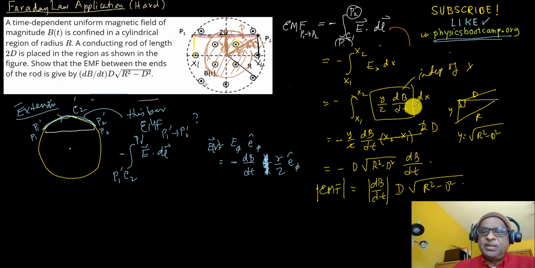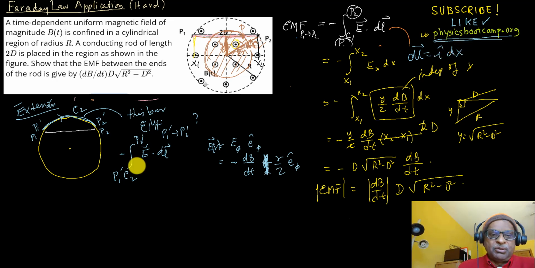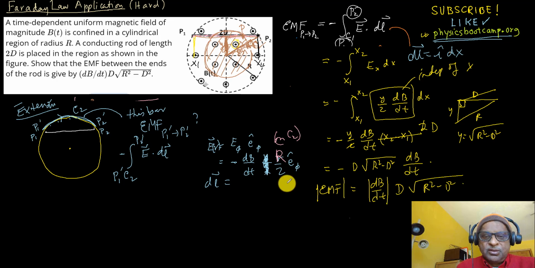But over here, dl was I hat dx. But over here, dl now is, so this r at every point is capital R. So this one is actually capital R on this path, C2. So dl is going to be r d phi E hat phi.